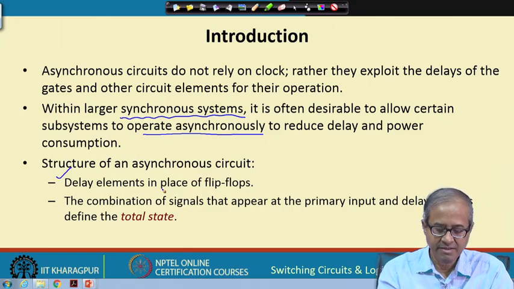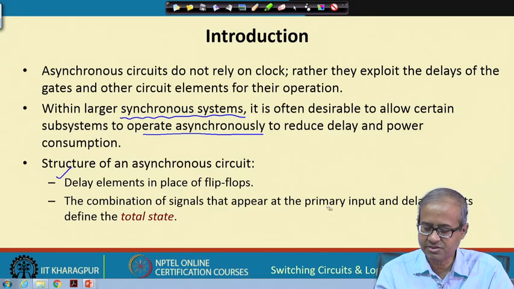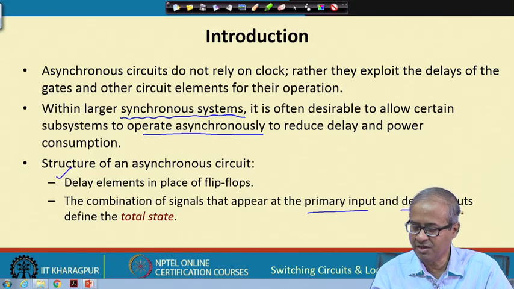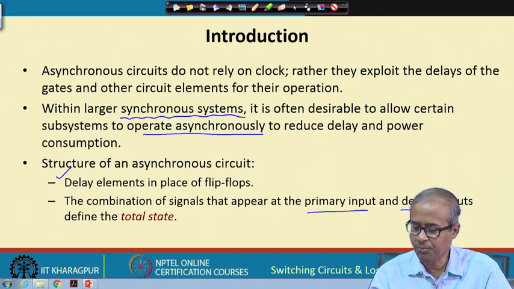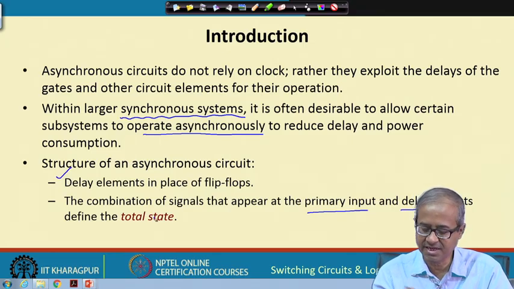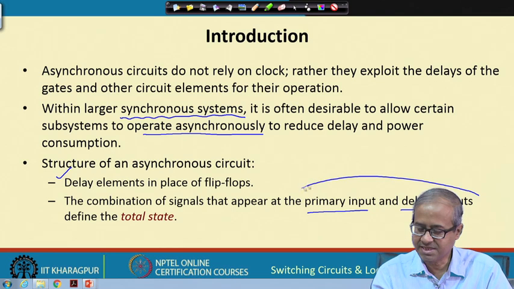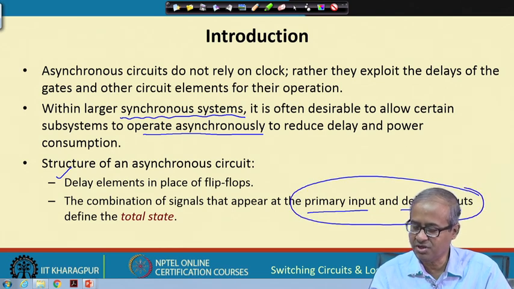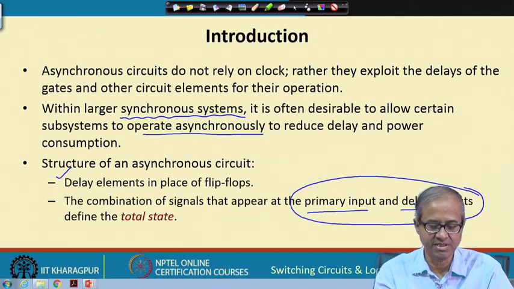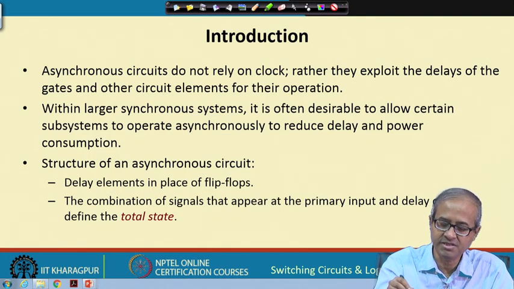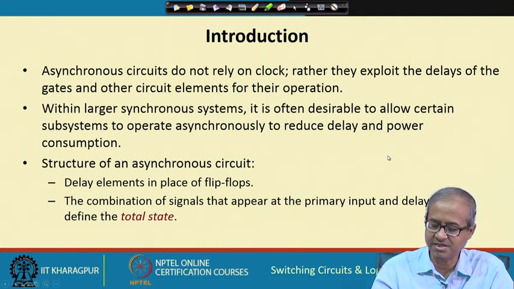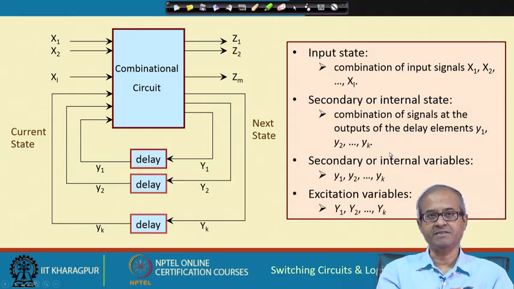The combination of the signals on the primary inputs and the delay outputs determines the state, just like in a synchronous sequential circuit the flip flops determine the state. This is called total state. Let us look into this. Let us look at a structure diagram first, like this.